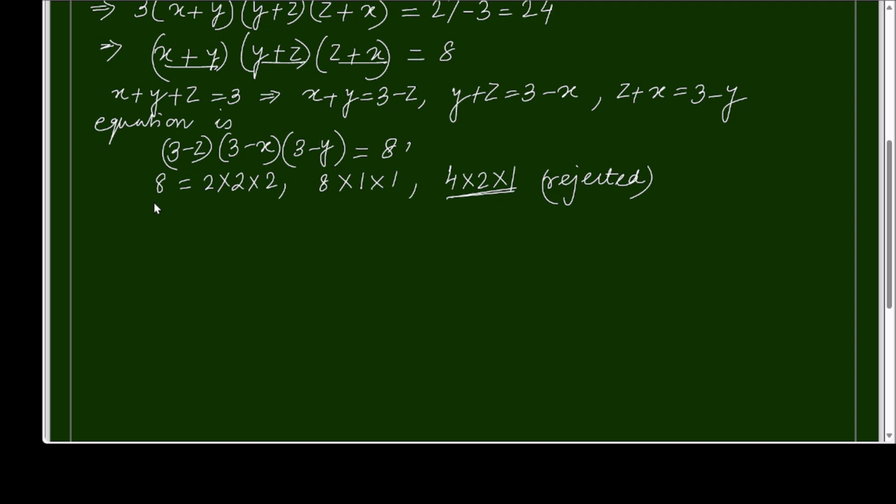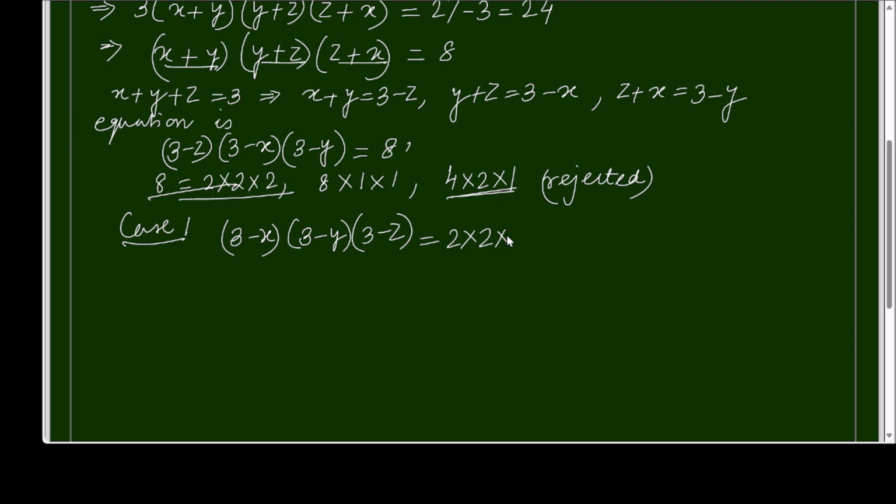First I am taking case 1, when (3 minus x) into (3 minus y) into (3 minus z) equals 2 multiplied by 2 multiplied by 2.